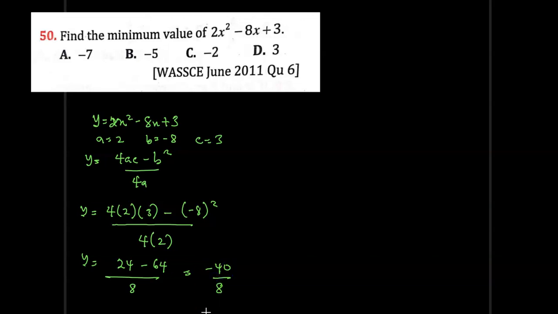So negative 40 on 8 is a final answer of negative 5. So that is possible answer B. It tells you that our minimum value is y equal to negative 5.